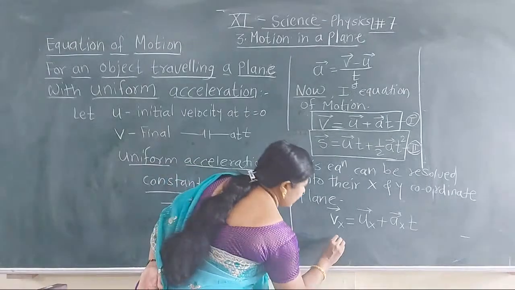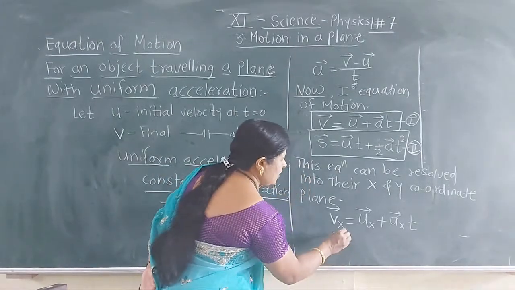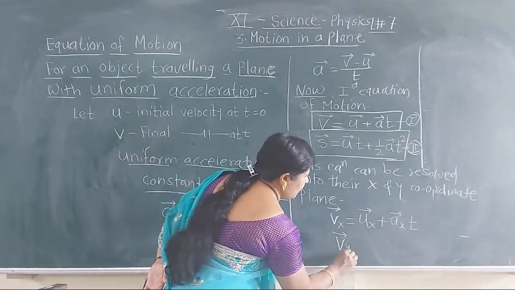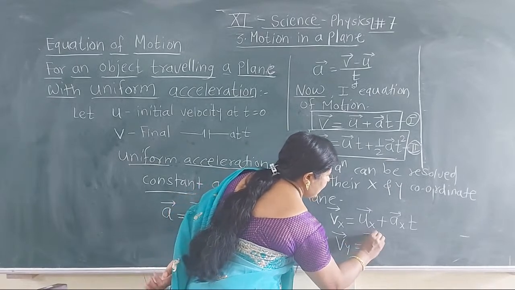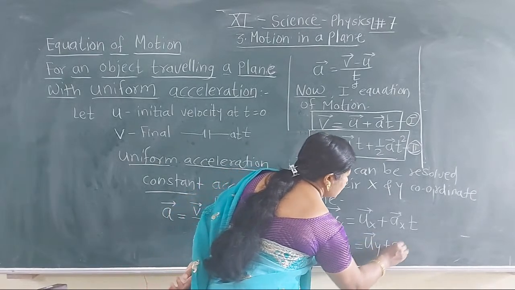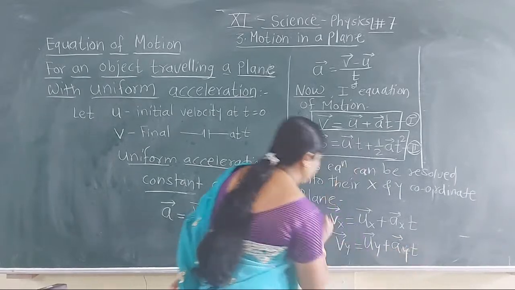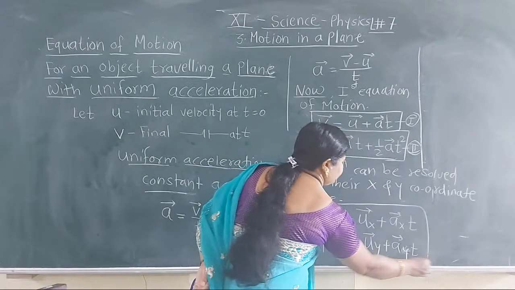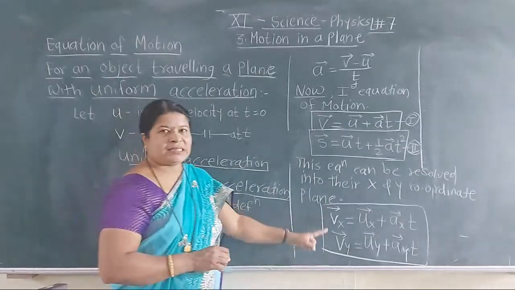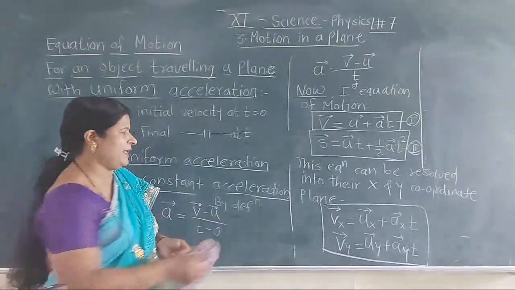And in the y coordinate, this equation number 1 we can write as vector vy is equal to vector uy plus vector ay into t in x and y coordinate plane.